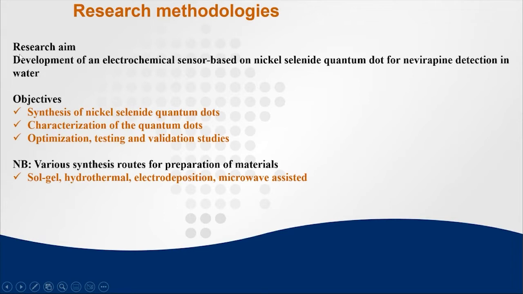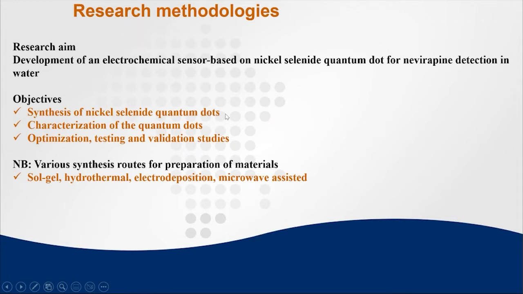Now, by looking at this aim, we are able to develop or break down our objectives based on what we are saying we are going to be producing. So since we are saying we are developing a sensor system that is based on a material for detecting an analyte in water, in this case, the objectives will cover the preparation of this nickel selenide quantum dot.